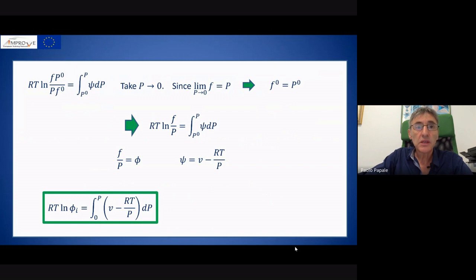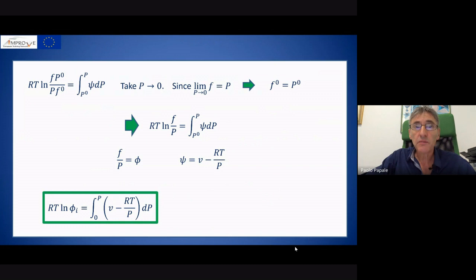Such a difference is not just evaluated at certain conditions. It must be computed as the sum, or more precisely, the integral, of all of the differences between real and ideal volume along the whole path from zero pressure, where the substance behaves as ideal and the difference between the real and ideal molar volume is 0, up to system pressure P. We clearly perceive from this expression how the fugacity coefficient expresses the deviation of a substance from ideal behavior.